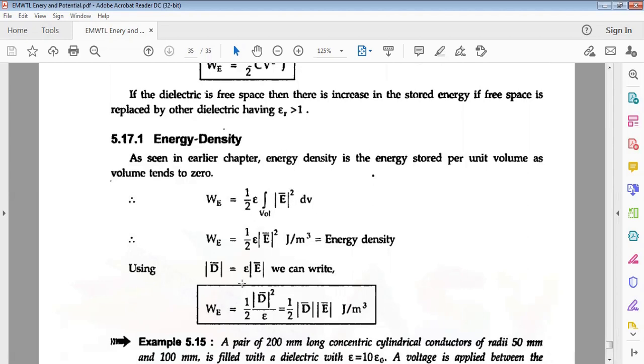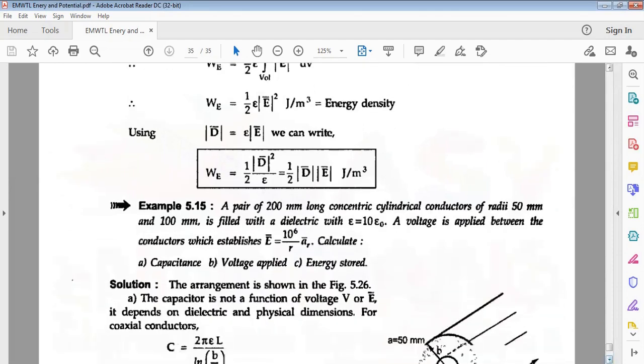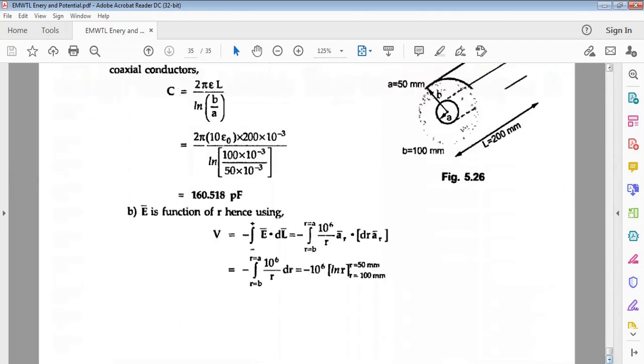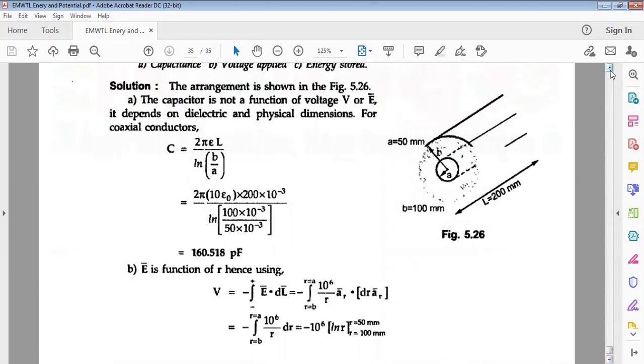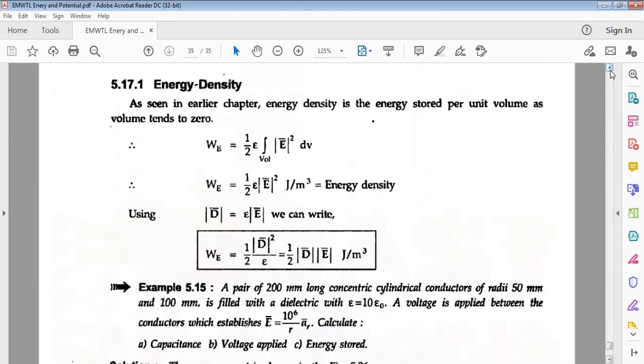In terms of D, W is equal to 1 by 2 D bar dot E bar. This we have already seen. So with this, the theory part of electrostatics is complete.